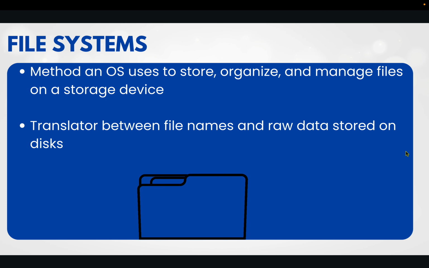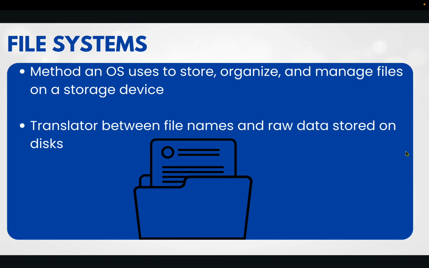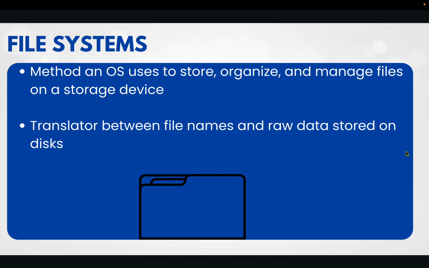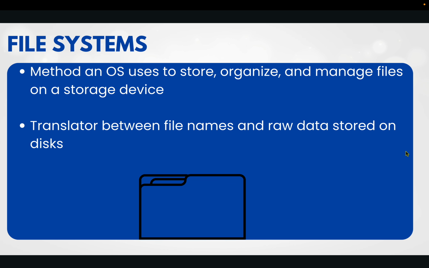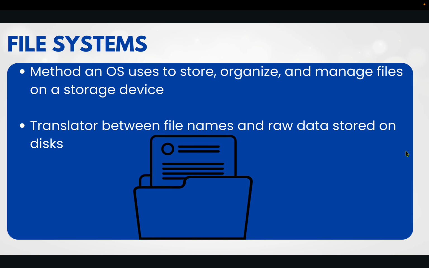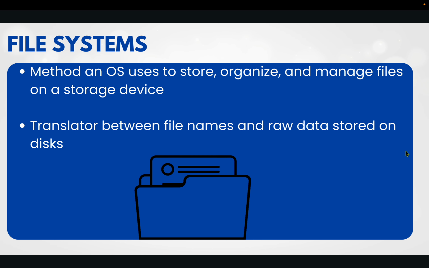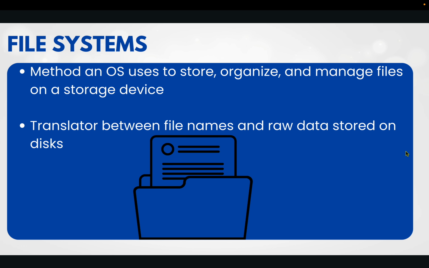So you see the file names based on what you name them, and your computer will basically have the raw data stored on disk, basically binary form of it on the disk. But the file system is basically what makes it manageable for you to understand which each file is and what it holds, etc.